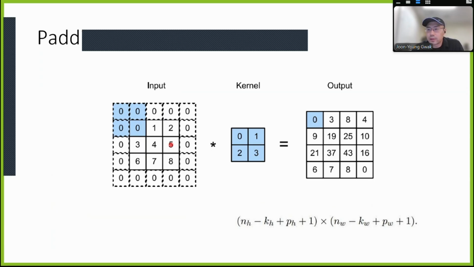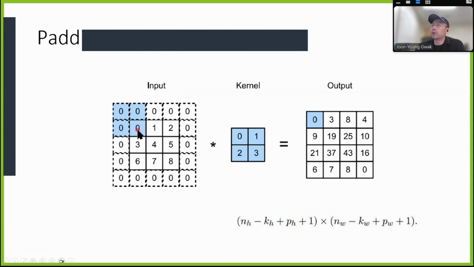And this also has the effect of letting the kernel attend to the edges of the original input matrix, meaning without padding, the kernel would be applied to the input matrix the first time as the top left 2 by 2 submatrix, which is 0, 1, 3, 4.